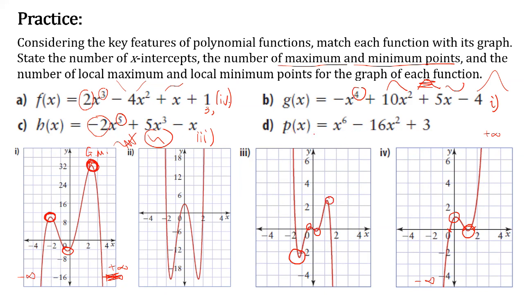Okay, last function, the degree is even. So it either has a pattern like this or a pattern like this, right? And the leading coefficient here is positive, so it will have a pattern like this, which corresponds to the second graph.